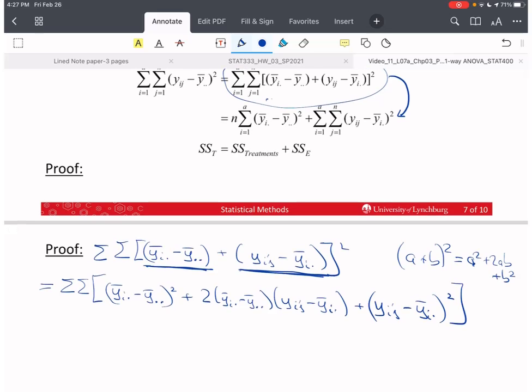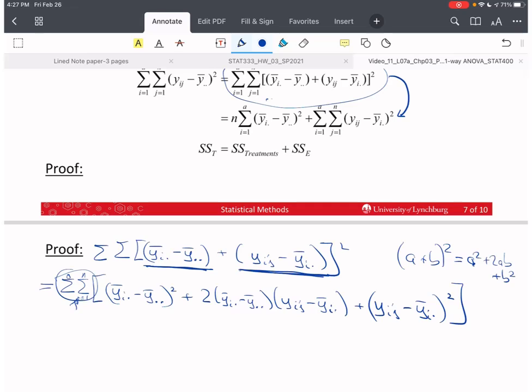Now that we don't have a square out here over the whole thing, we've expanded the square, we can distribute the summations. Because remember, these summations mean add, and so it's just a way of grouping. It's really just telling us in order to add, i equals 1 to a, j equals 1 to n.